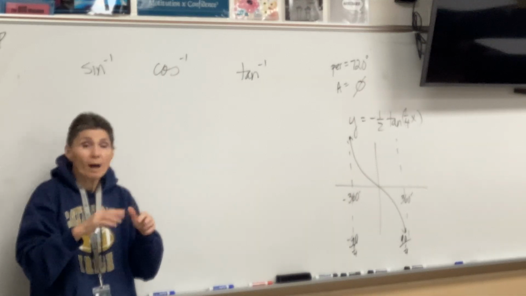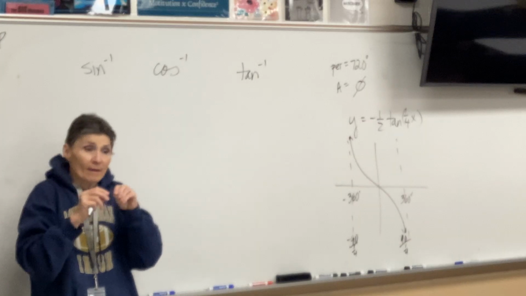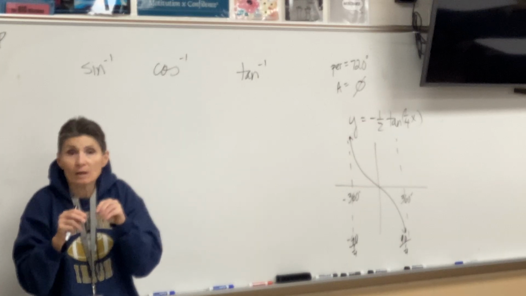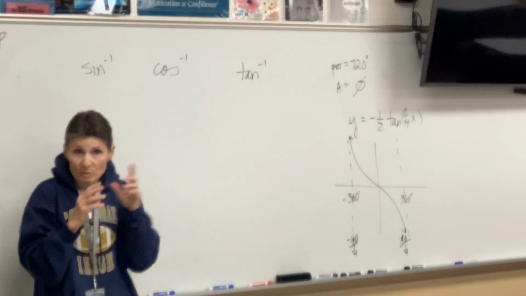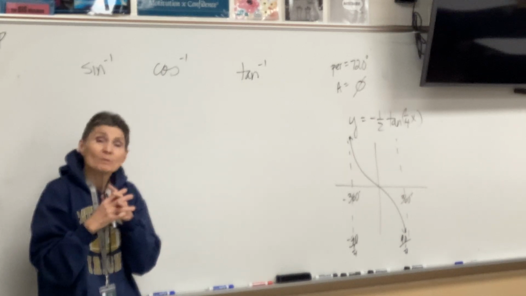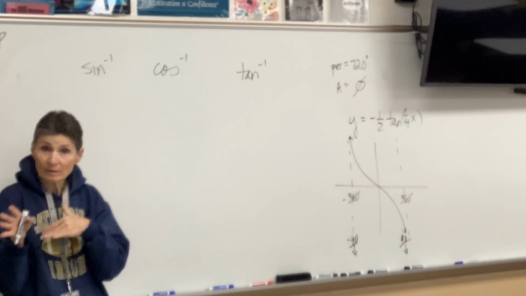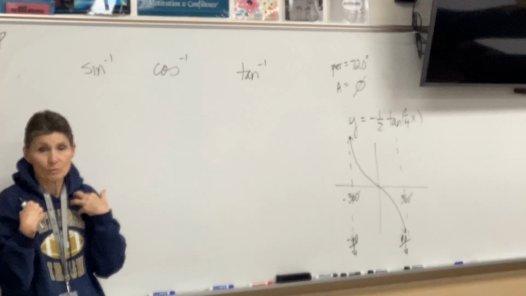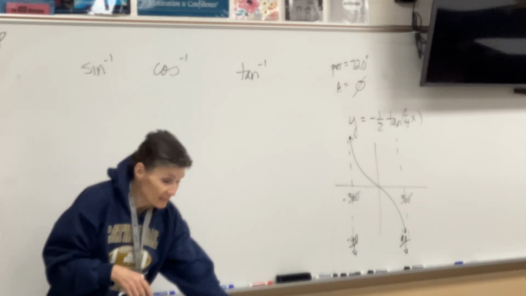When we have a word problem, you got the eagle looking at the rabbit, and we want to know the angle of elevation or something like that. We use this button. But when we're doing it by hand, we have to know the rules. Our calculator knows the rules. We have to know the rules if we're doing the problem without a calculator, which is what's happening here.